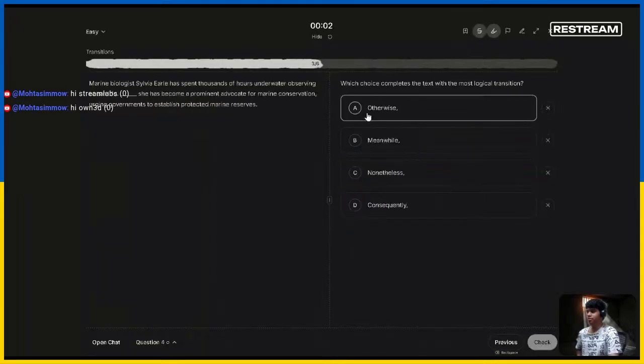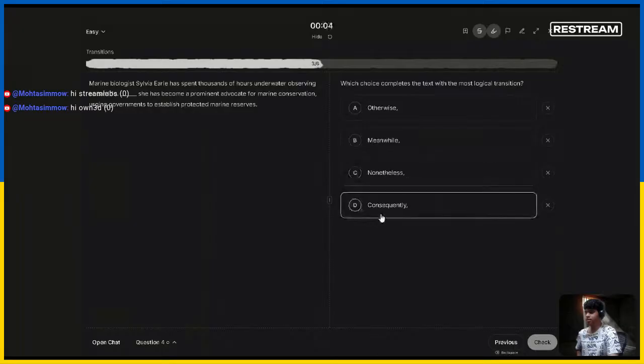Okay, let's go. Nonetheless, otherwise, meanwhile. A conservation biologist has spent thousands of hours underwater observing ocean life. Blank, he has become a prominent advocate for marine conservation and is urging governments to establish protective marine reserves.